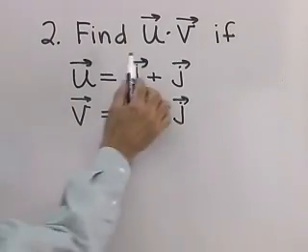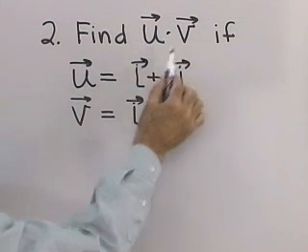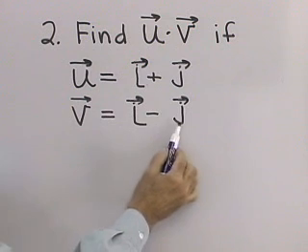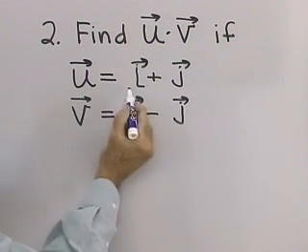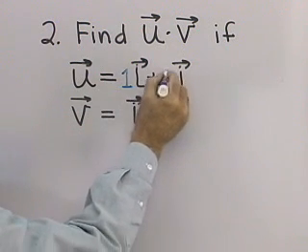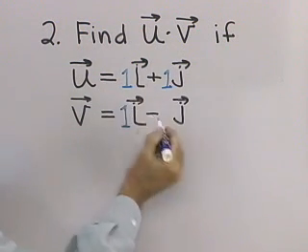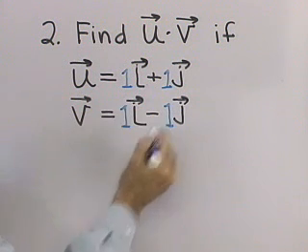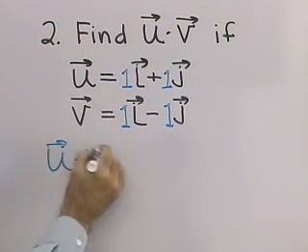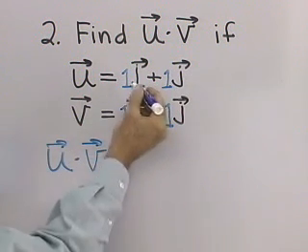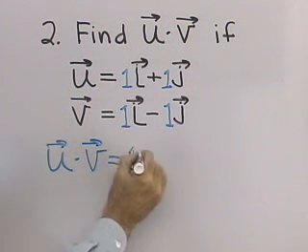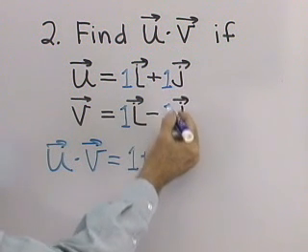For our next problem, I want to find the dot product of u and v, where u is i plus j and v is i minus j. Now you want to remember here, when you don't see these coefficients, this coefficient is 1, so is this one. This coefficient is 1, and this coefficient is minus 1. So in this case, u dot v again will be the product of the horizontal components. 1 times 1 is 1, plus the product of the vertical components.